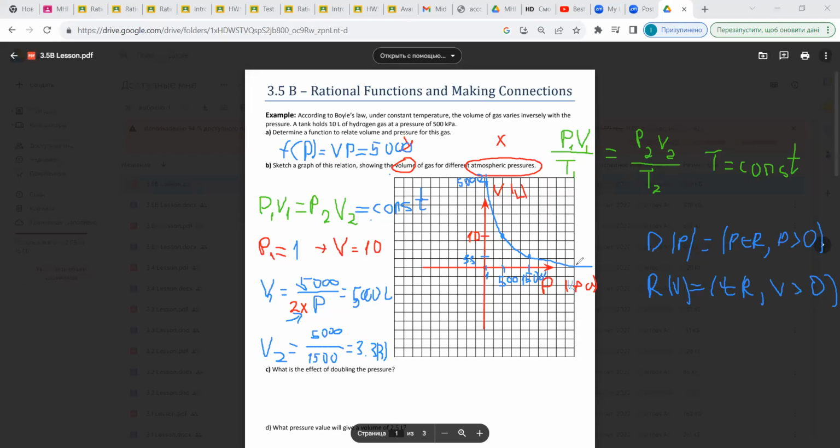Same way, if we had 5000 liters with 1 kilopascal, with 2 kilopascals, we're gonna have 2500 liters.